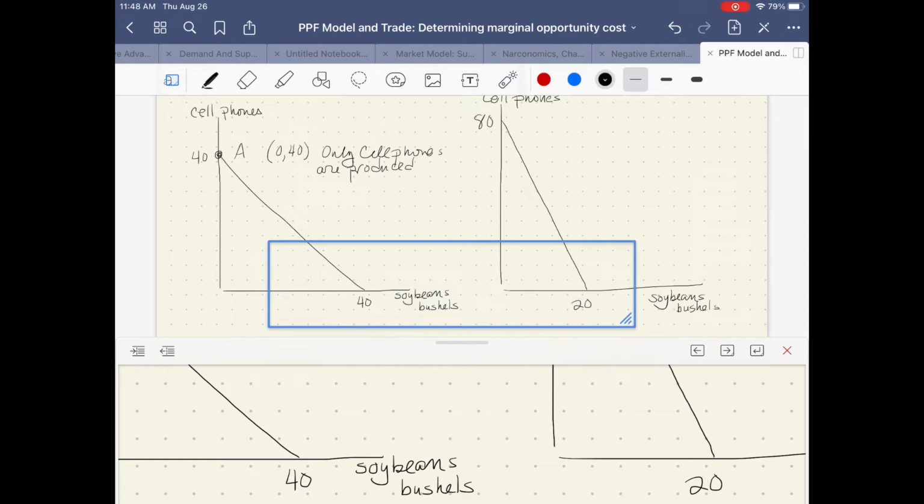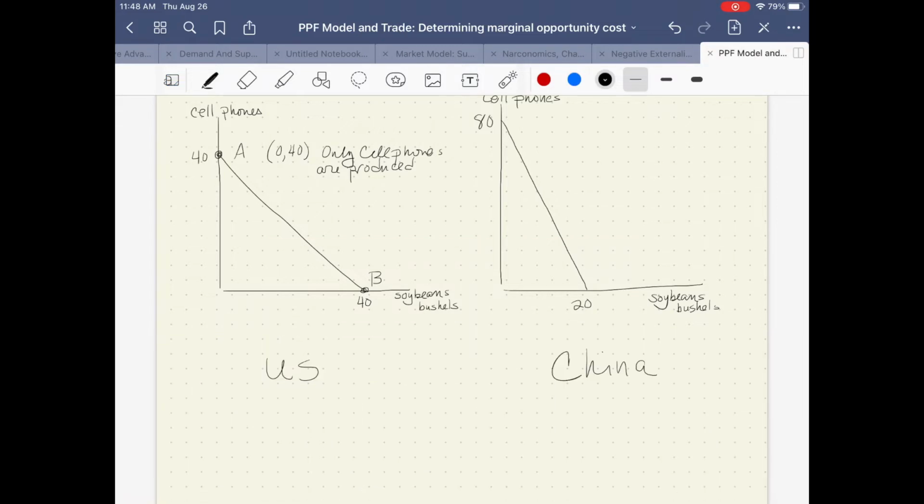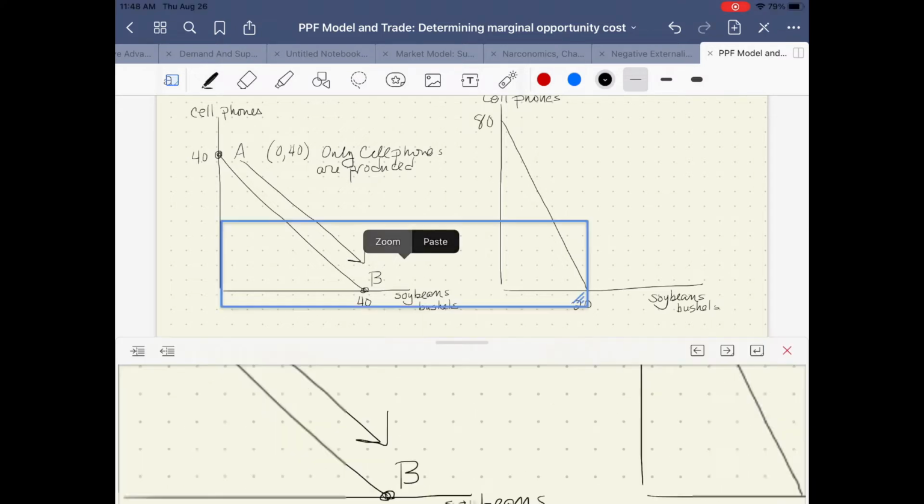Point B, which will be illustrated there, would imagine the U.S. gave up all of its cell phone production in order to produce only soybeans. So they would have to give up 40 cell phones in order to produce 40 bushels of soybeans.